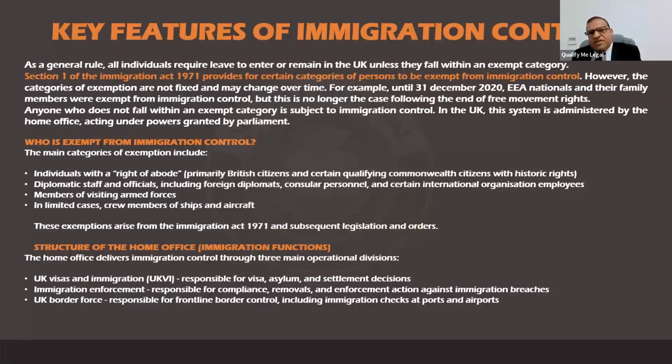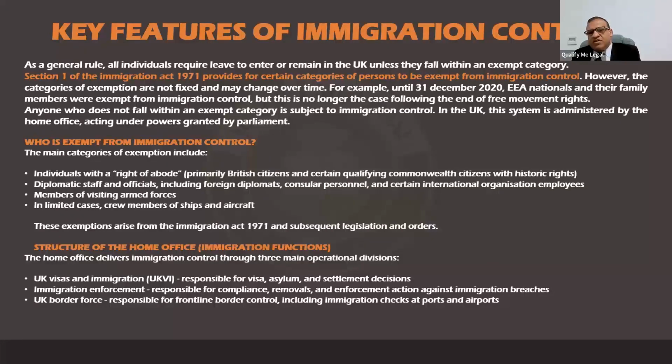Now, let's move forward to the structure of the Home Office. If we discuss the departments of the Home Office, how many departments do we have, and what is basically the structure of the Home Office? We basically divide the structure of the Home Office into three categories. First of all, UK Visas and Immigration.